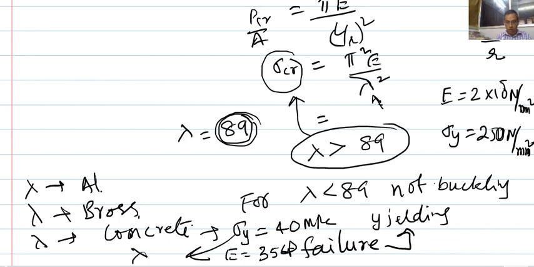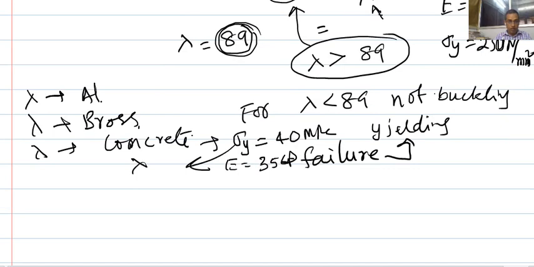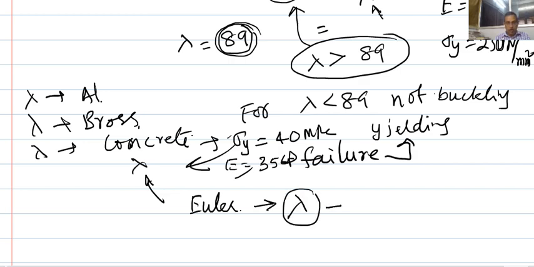I want all of you to work out what is the critical lambda for which this Euler theorem works. Substitute this E and sigma y, for which your Euler theorem works. So, find out what is the slenderness lambda corresponding to the concrete, corresponding to the aluminum, and maybe another 2-3 materials, right.